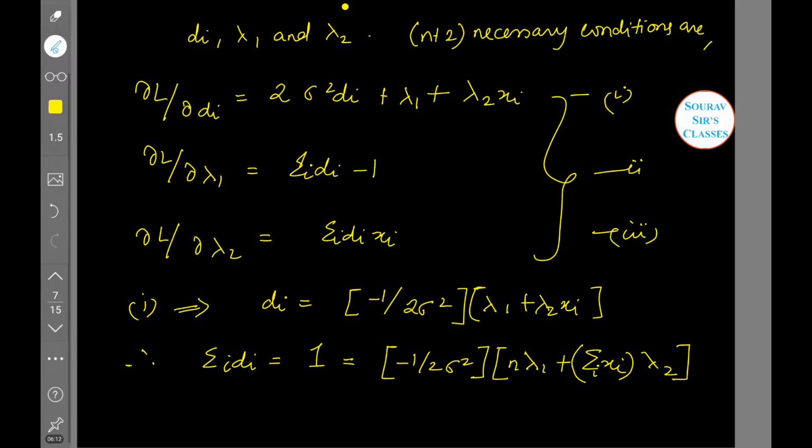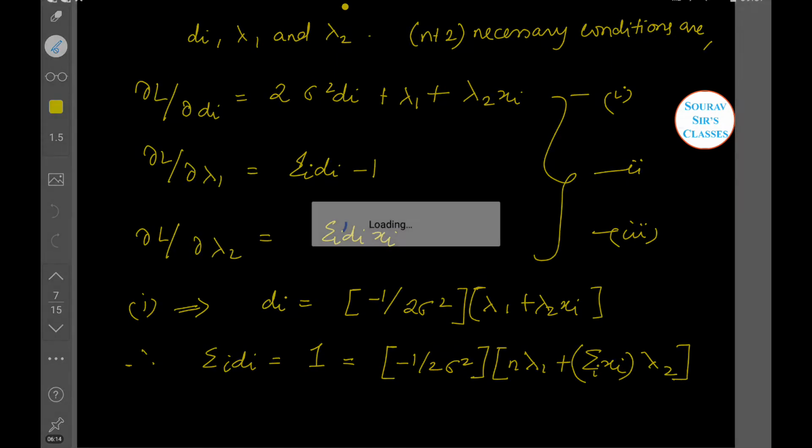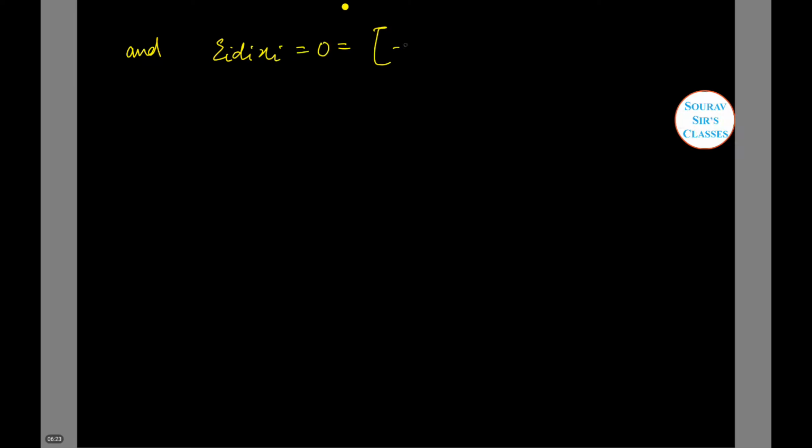And we know summation di xi is equal to 0, which is equal to minus 1 by 2 sigma square times summation xi into lambda 1 plus summation xi square into lambda 2.